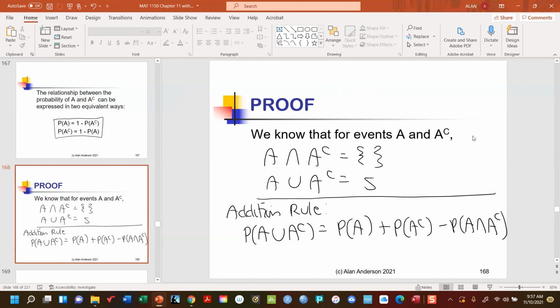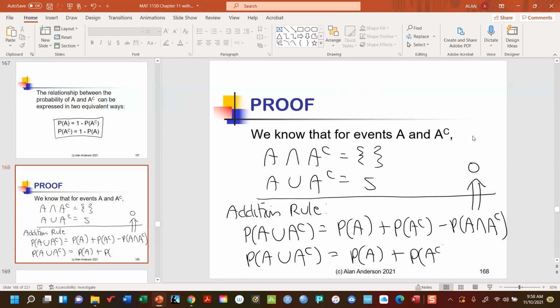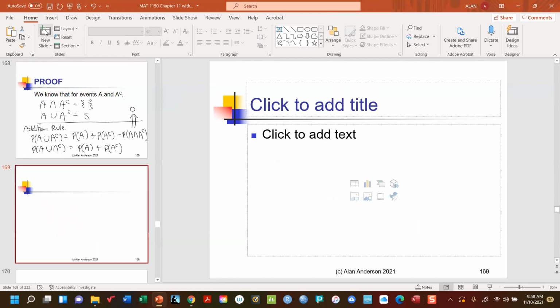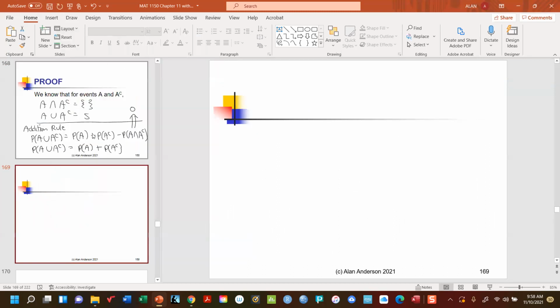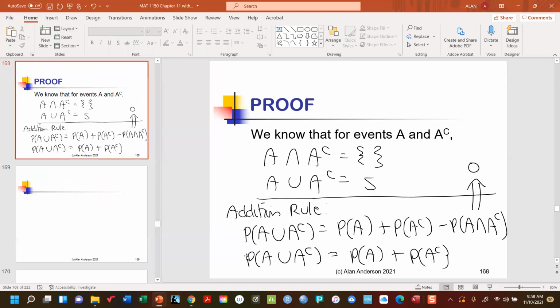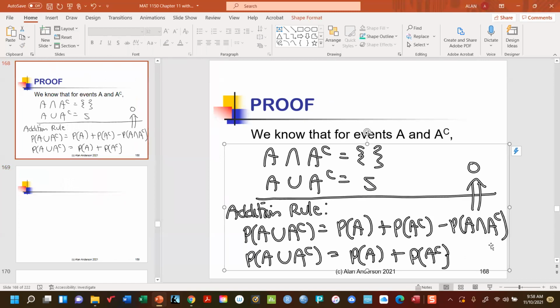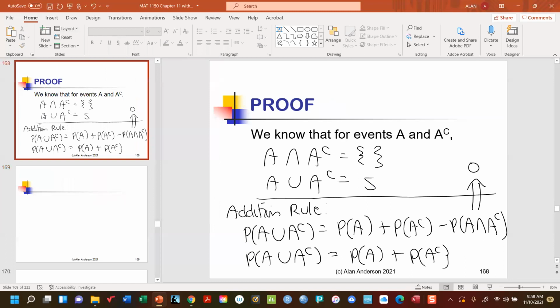Now, we can simplify this because this piece is equal to 0. So we can rewrite this as the probability of A union A complement is the probability of A plus the probability of A complement. So what does that get us? Because we know one more important thing.